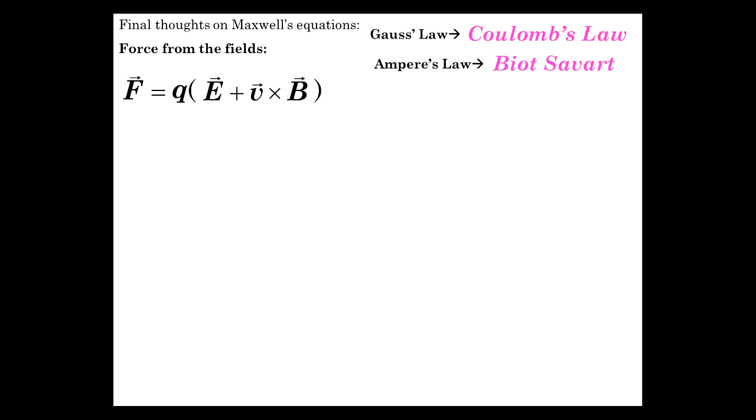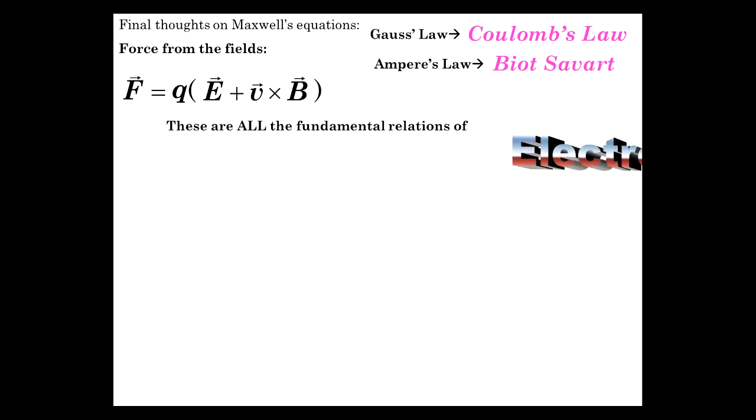Well, some final thoughts on Maxwell. We have Gauss's law, which derives from Coulomb's law, and Ampere's law deriving from the Biot-Savart formulation of currents and B fields. And force from the fields can be summarized as follows. Force is equal to Q times E plus Q V cross B. And these are all the fundamental relations of electromagnetism.